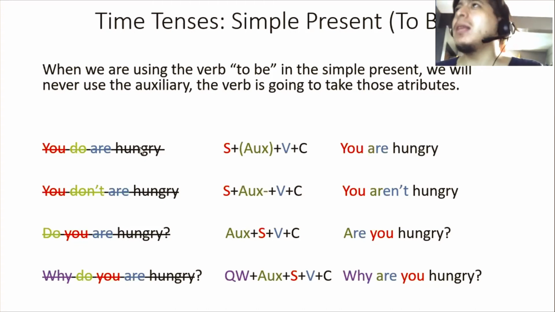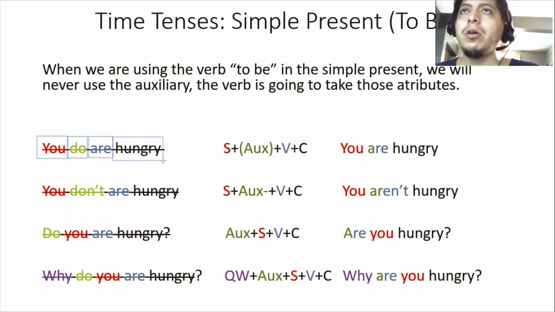So normally, in a normal sentence, you have your subject, yeah? You have your auxiliary, you have your verb, and you have your complement.